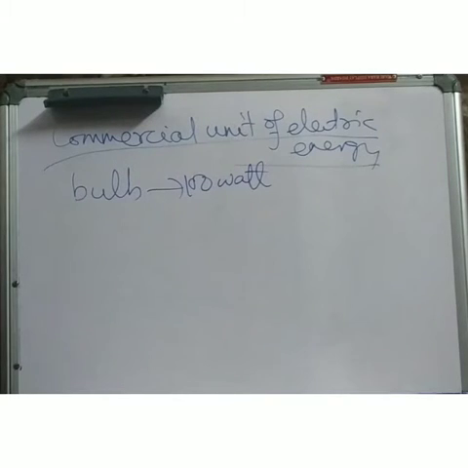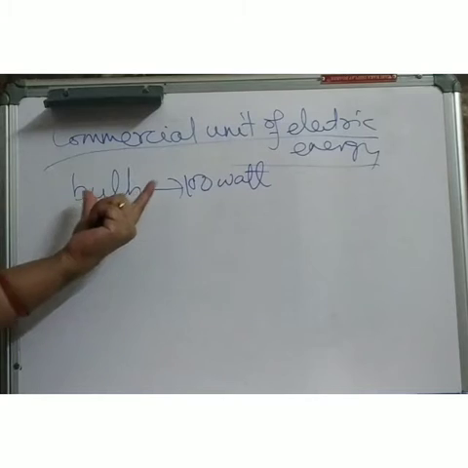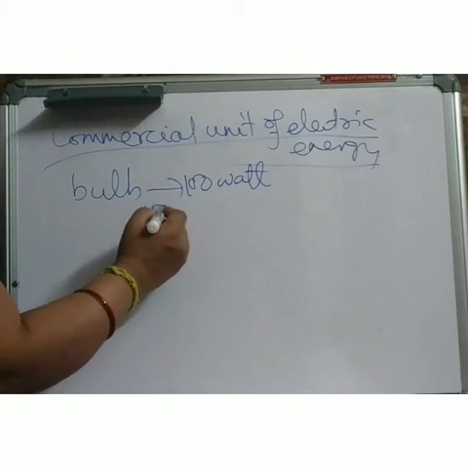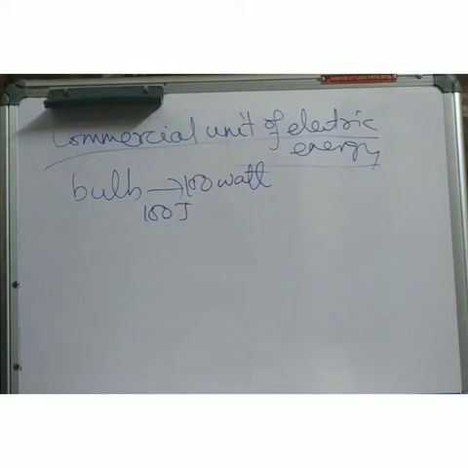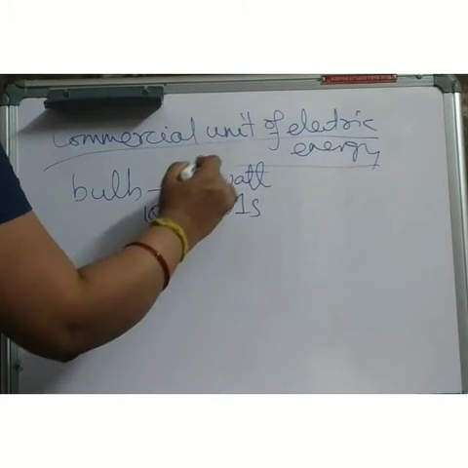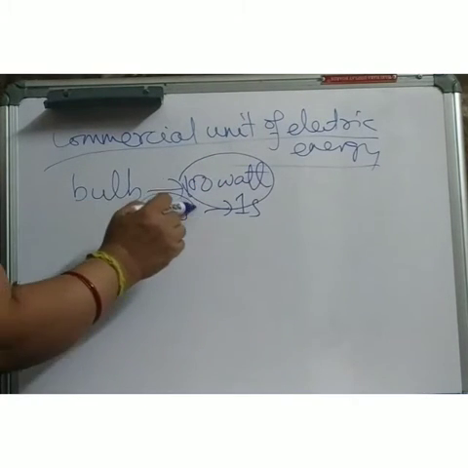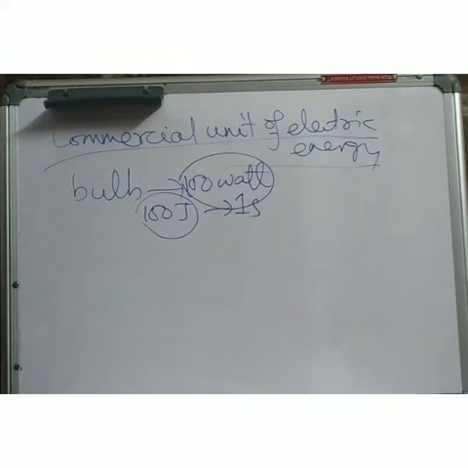So what does it mean when we say the bulb is 100 watt? That means the bulb consumes 100 joules of energy in 1 second.